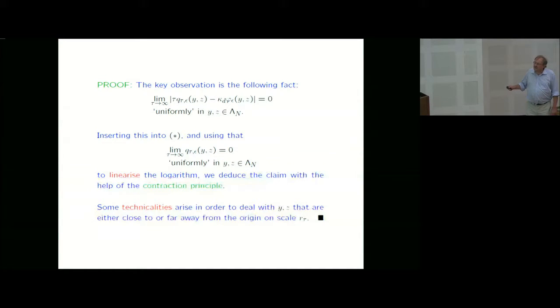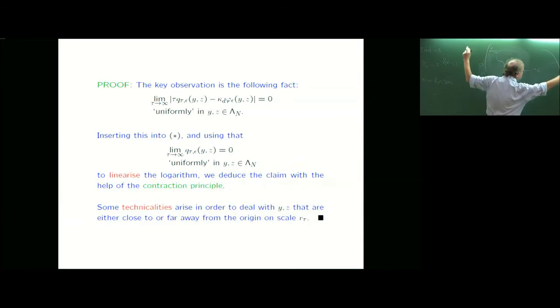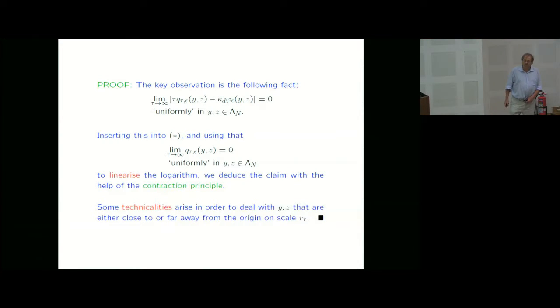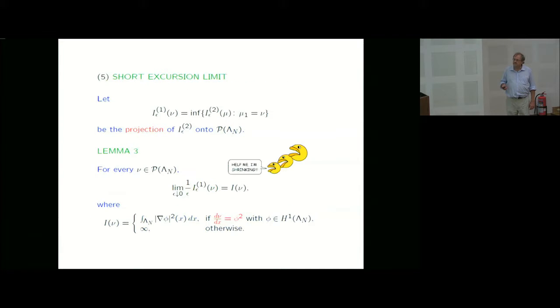And I have stated that this approximation is uniformly good, and the uniformity is between quotation marks, because what actually happens is that this is not quite correct when these points are very close to this ball or very far away from this ball. And so I do need to do some appropriate approximations to make this work, but those are technicalities, and I'm just not discussing them.